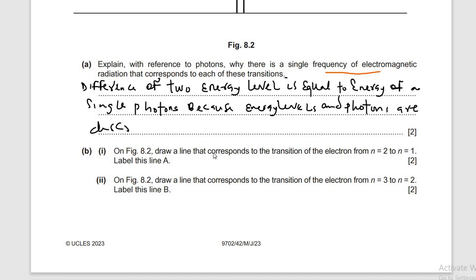They are unique, they are discrete in value.